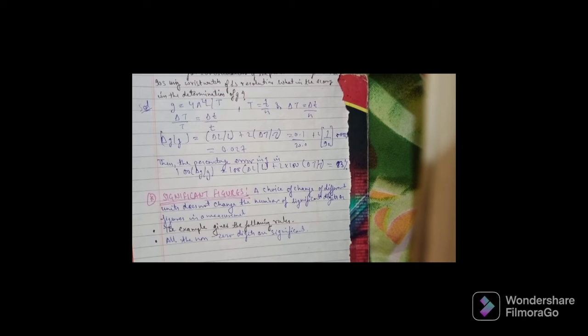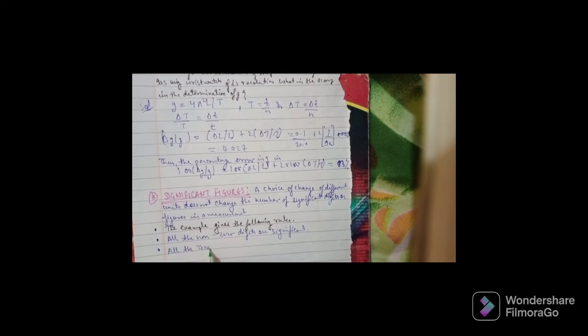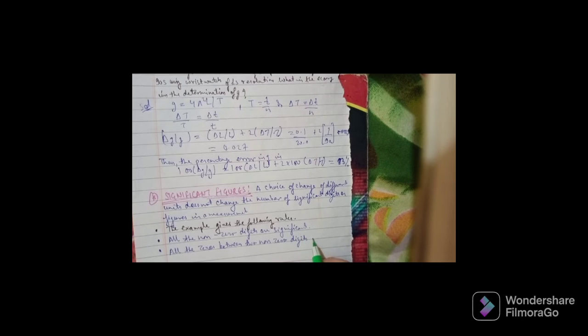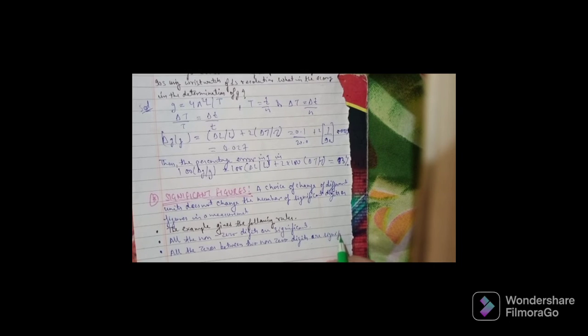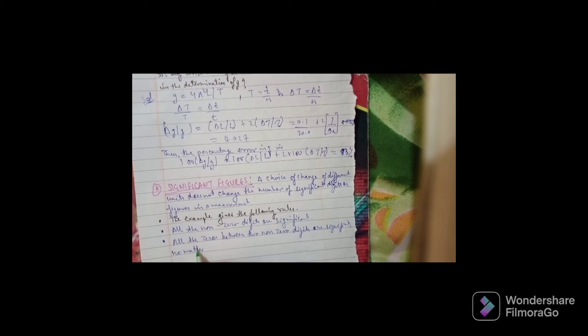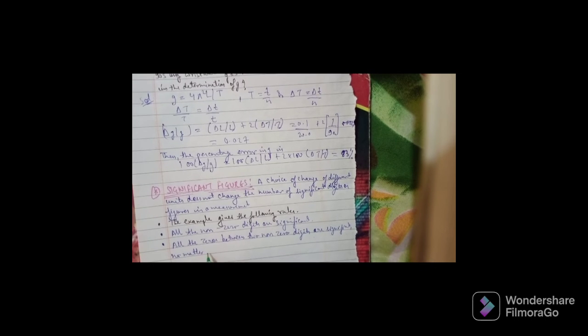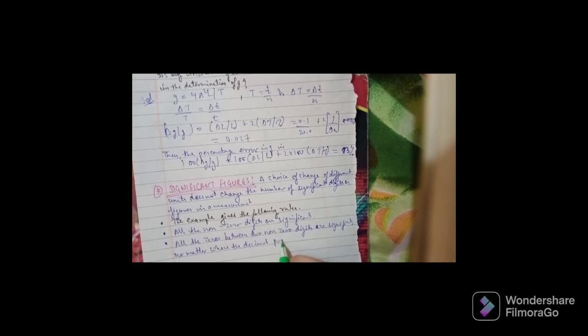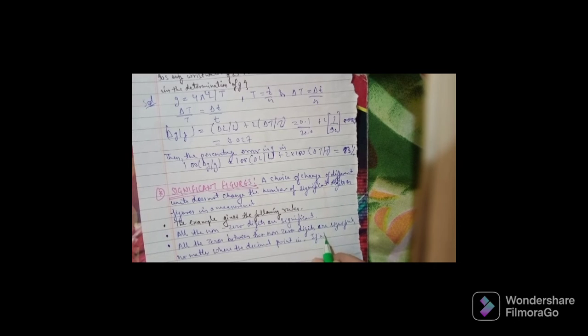The second is all the zeros between two non-zero digits are significant, no matter where the decimal point is, if at all.